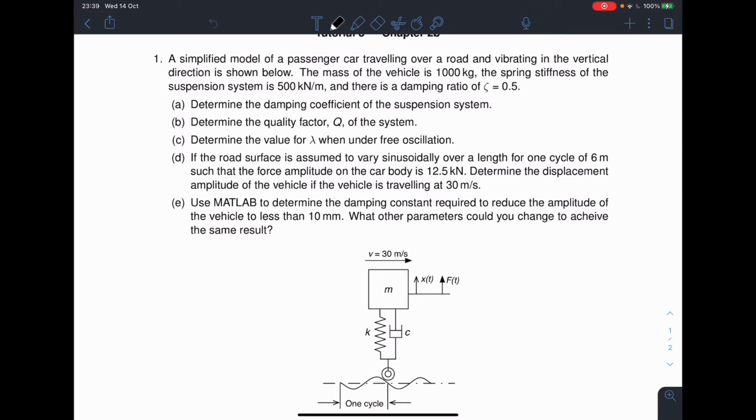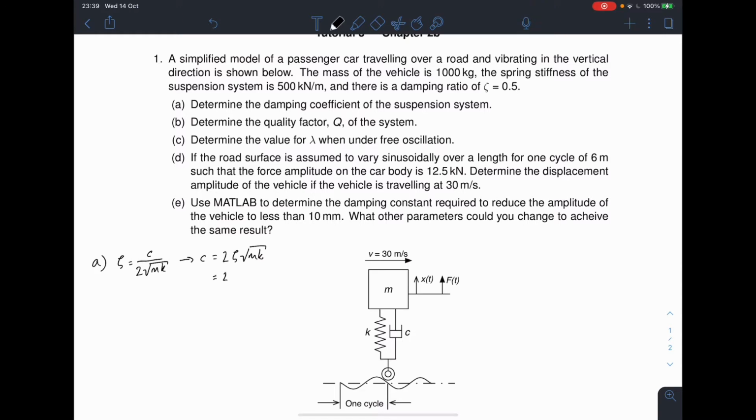And part A says determine the damping coefficient of the suspension system. So we've got to work out what C is. So part A, we know that the damping ratio is the damping coefficient divided by 2 times the square root of mk. So we can rearrange this equation to get C is going to be 2 zeta root mk, and we plug in the numbers.